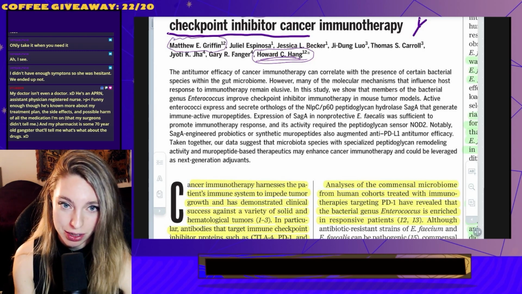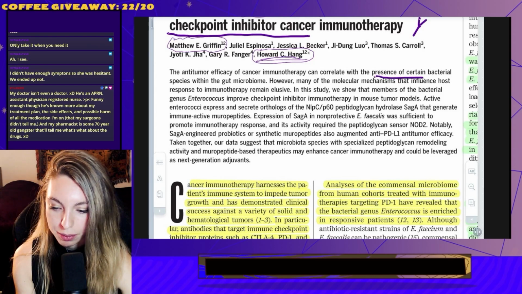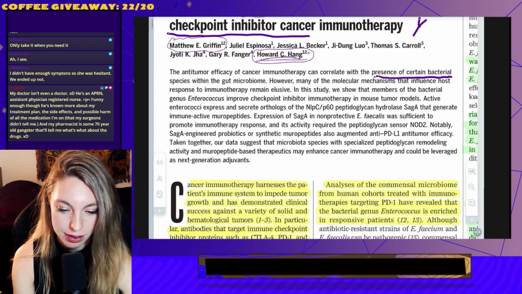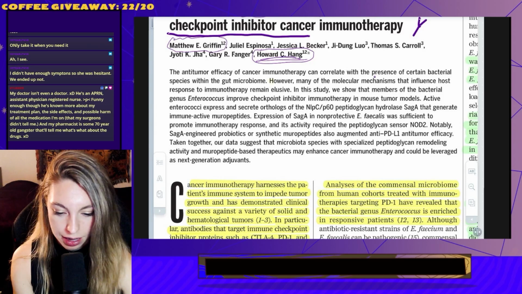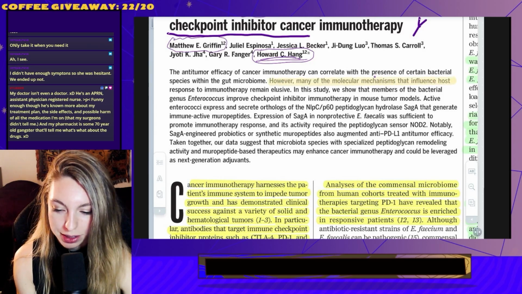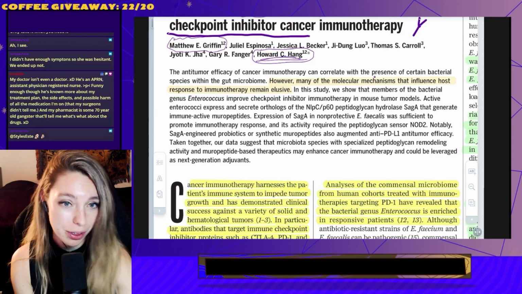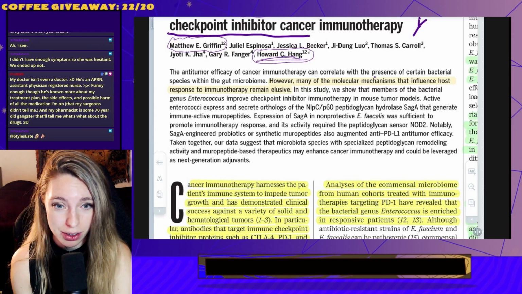It doesn't mean it's causative, but it can correlate with the presence of certain bacterial species within the gut. And you know what? I'm just going to highlight for ease of reading. However, many of the molecular mechanisms that influence host response to immunotherapy remain elusive. So we don't really know how this works. We don't know why certain bacteria make our T cells better at killing cancer.